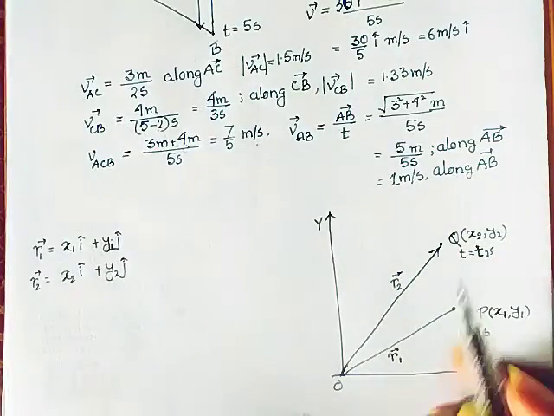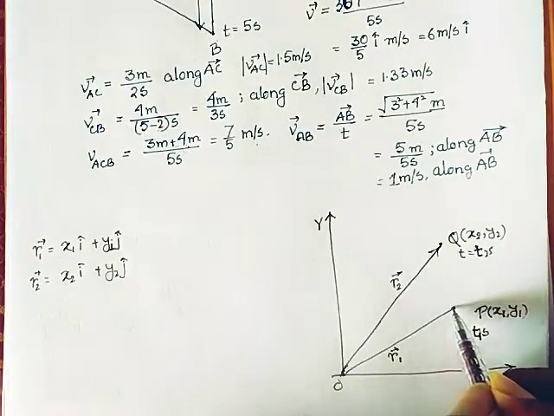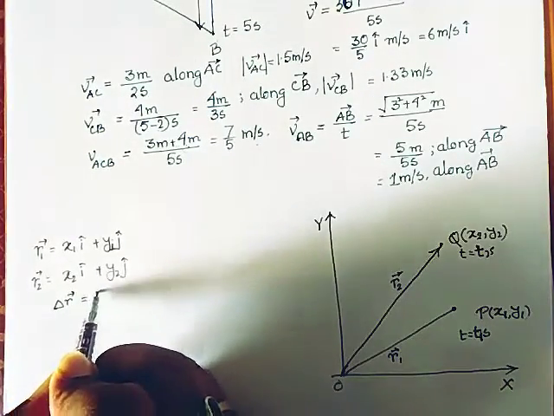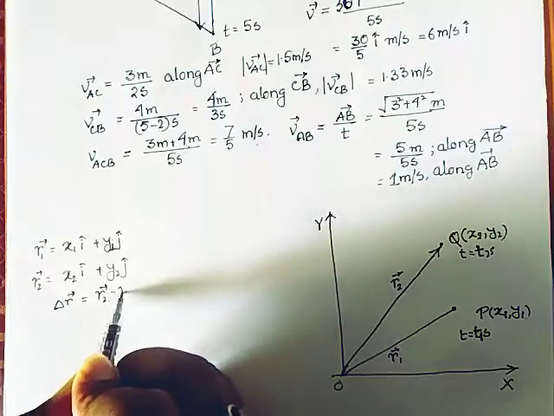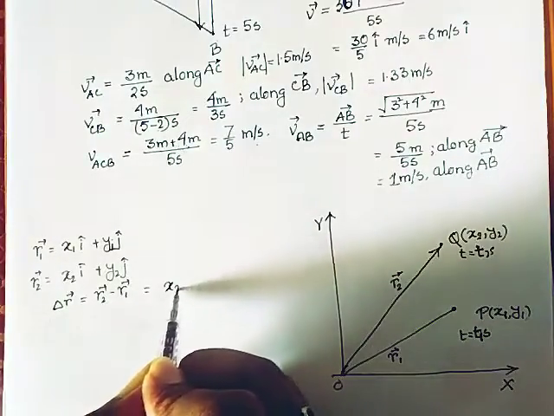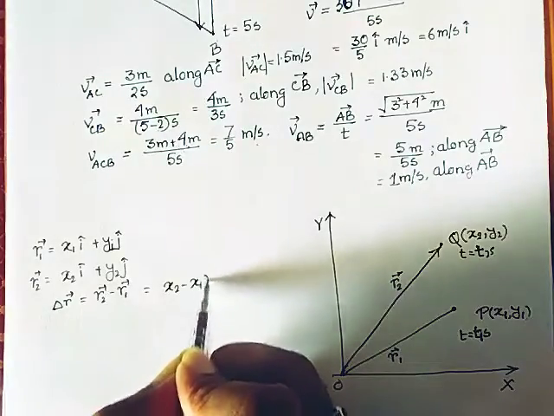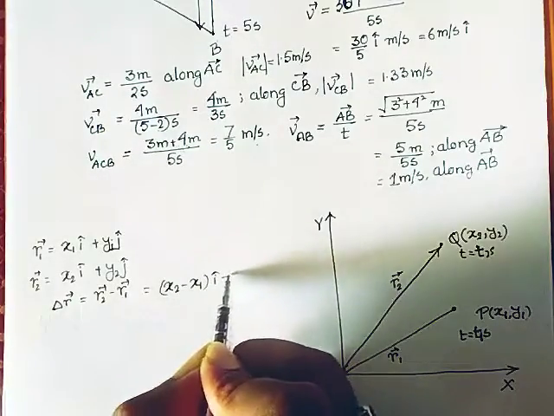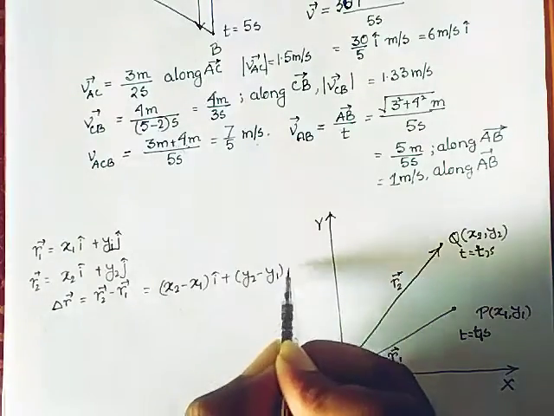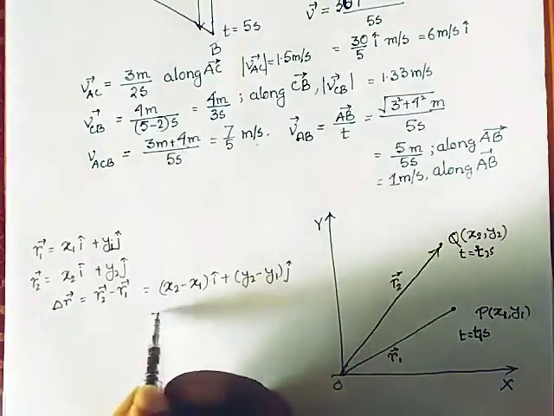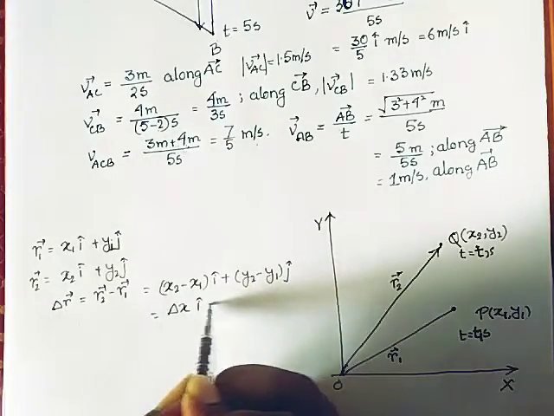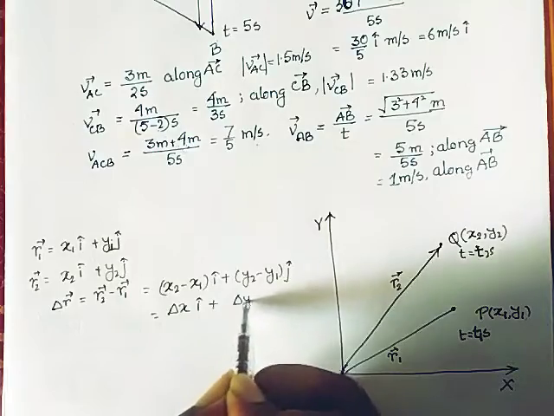So if I want to find the displacement, it is denoted by the del r vector, which is r2 vector minus r1 vector, and it becomes (x2 minus x1) i cap plus (y2 minus y1) j cap, and it can be written as del x i cap plus del y j cap.